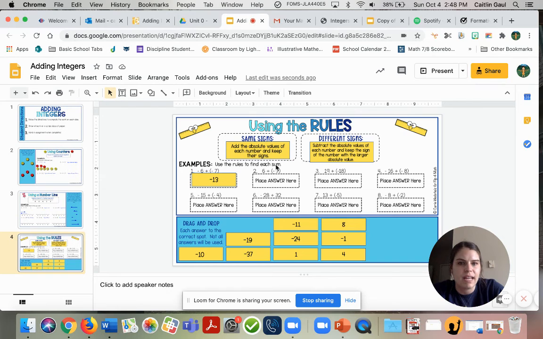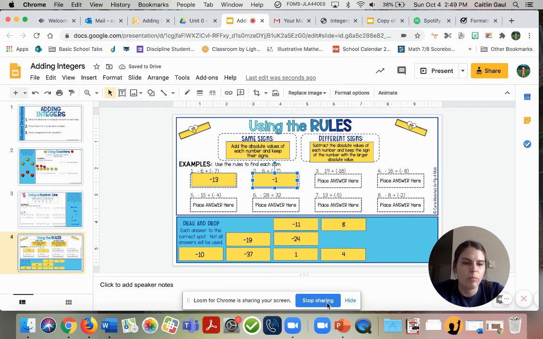That's going to be this -7. So my answer is 7 minus 6, which was 1, but because the 7 is larger and a negative, I'm going to keep the sign, so it is -1. So those are 3 different strategies you can use to help you add integers, as well as some examples for when you're completing today's assignment.